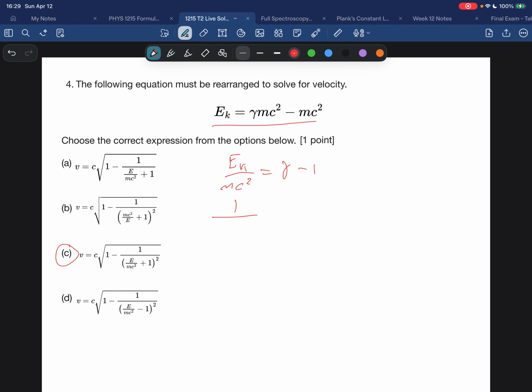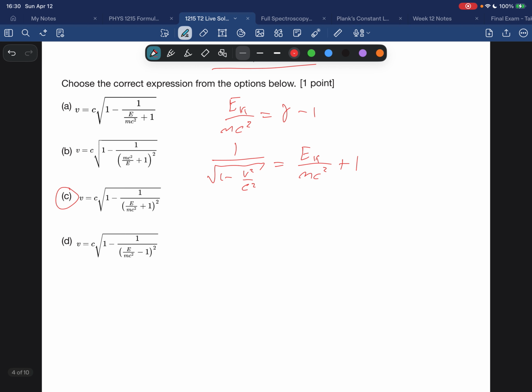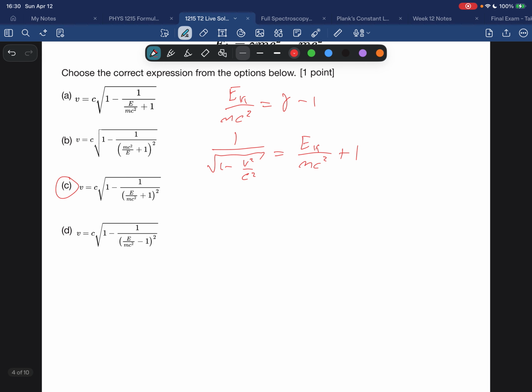So this here is gamma, and that's going to be equal to EK over mc squared plus 1. Great. So I'm going to do, no, I'll do this one step at a time. I was going to combine 2 steps, but I'll do this one step at a time.